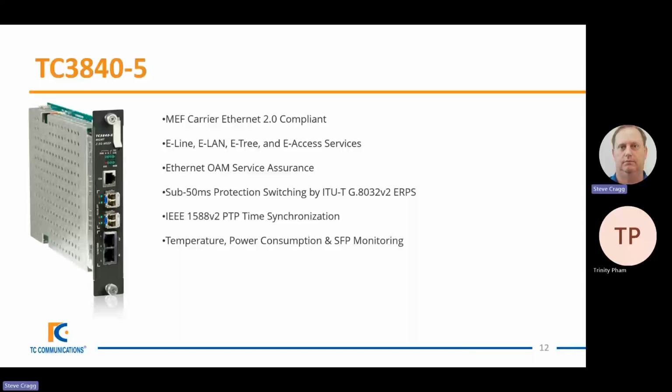This can be rated at -40 to +80 degrees centigrade. So that means that if you do have either a non air-conditioned shelter, or if the air conditioning goes out on one of those remote shelters, this will continue to operate.